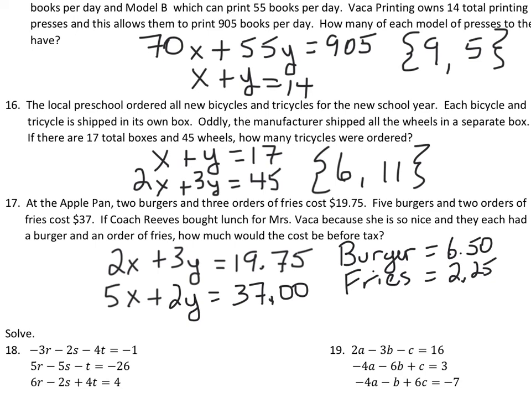So if they each had a burger and fries, if I add this together, I get $8.75. And $8.75 times 2, because we had 2 of those, that's going to be $17.50 before taxes. And so that's how much it would cost.